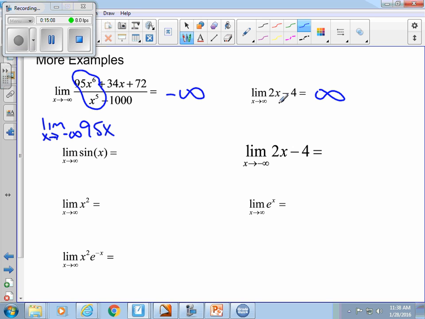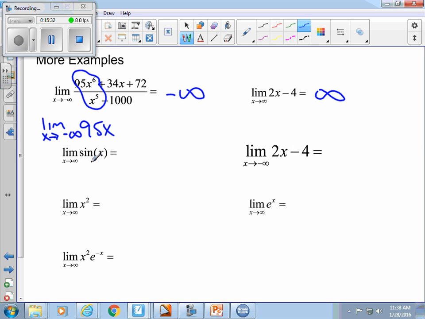I know I'm either approaching positive or negative infinity. Remember, the -4 doesn't matter. Bill Gates doesn't care if he spends $4 somewhere, right? It's not going to affect his bank account. So 2 times infinity is still infinity, right?